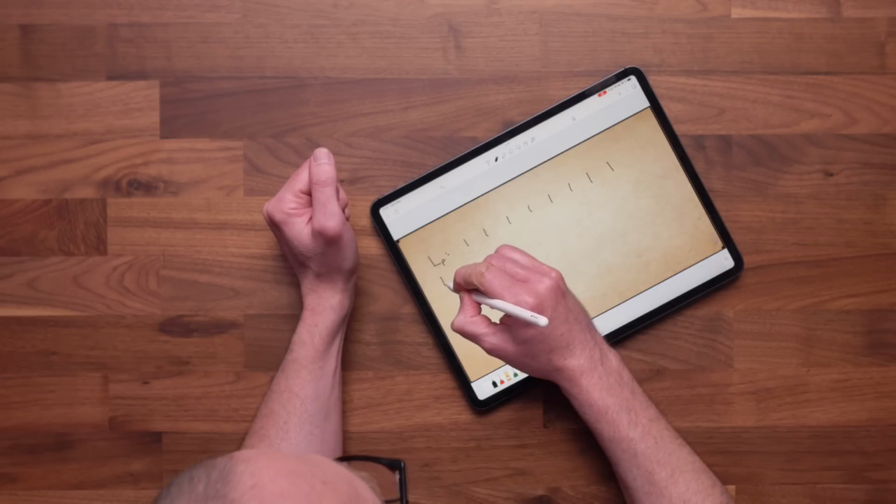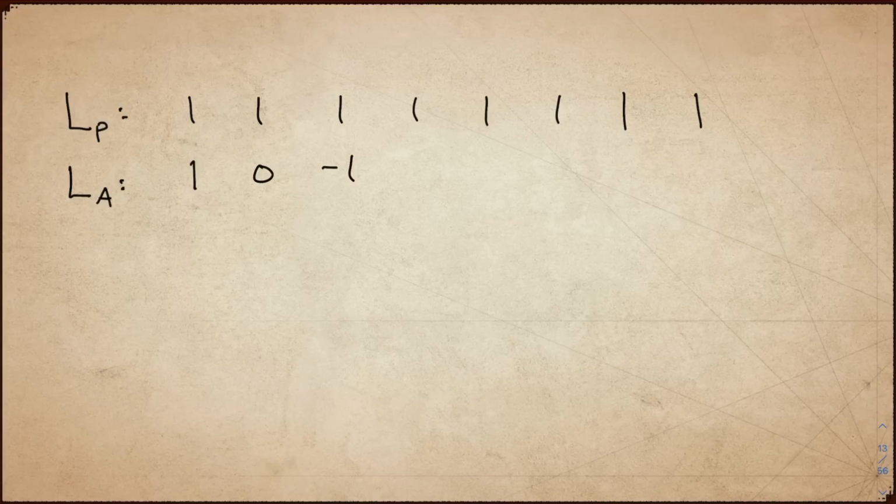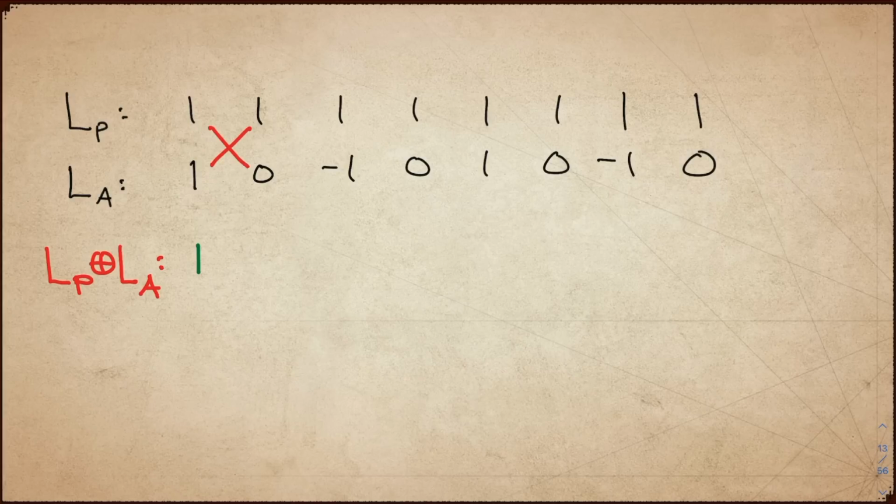Let's do an example. Say I have the L function of P and the L function of A. I will compute their direct sum. The first coefficient is 1 times 1. That's 1. The second coefficient is 1 times 0 plus 1 times 1. That's 1. The third coefficient is 1 times minus 1 plus 1 times 1. That's 0.